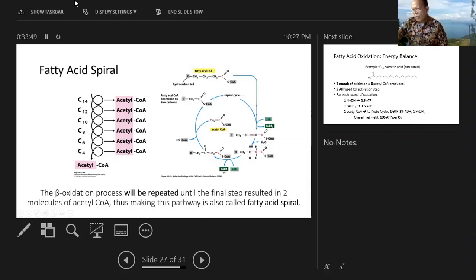Starting from C14, it will produce acetyl CoA and shorten to a carbon chain of 12, and produce acetyl CoA again, until at the end we get acetyl CoA. Then we call this one a fatty acid spiral.